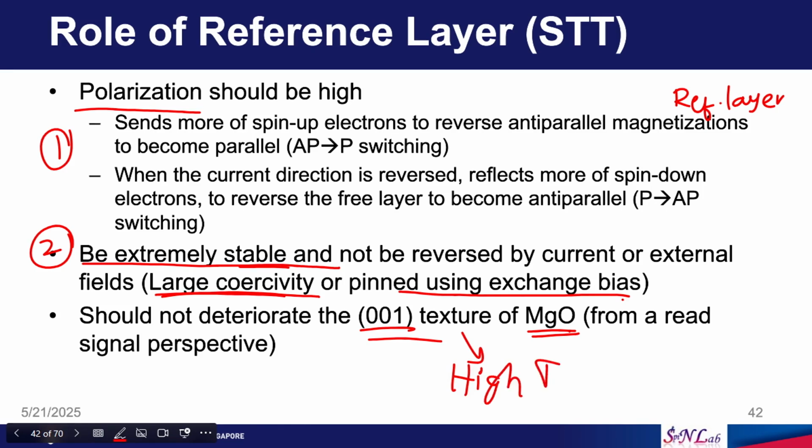So, when we design the reference layer, we should design it in such a way that it does not affect this 001 texture of magnesium oxide. So, that is the third condition. It should not deteriorate the 001 texture of magnesium oxide.